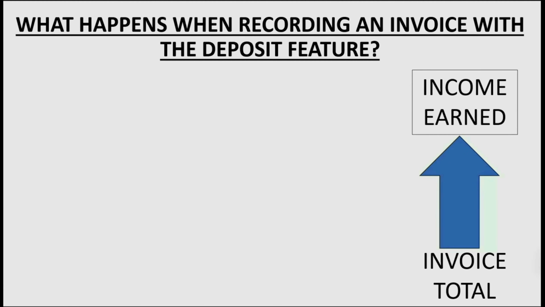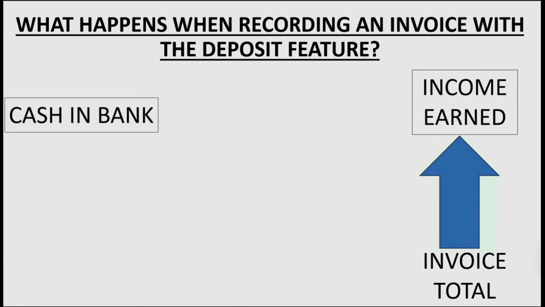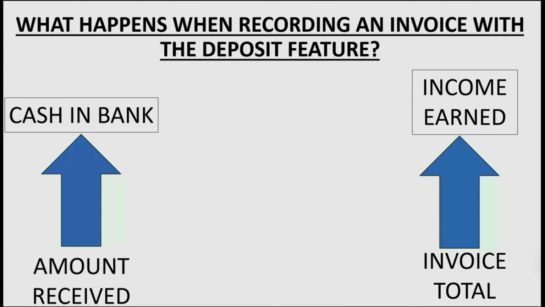So the income will increase for the total amount, and QuickBooks Online will assume all of that income is earned. What else will happen when we record an invoice and use the job deposit feature? Well, we just got cash from the customer, so obviously cash in bank or undeposited funds will increase by the amount received.